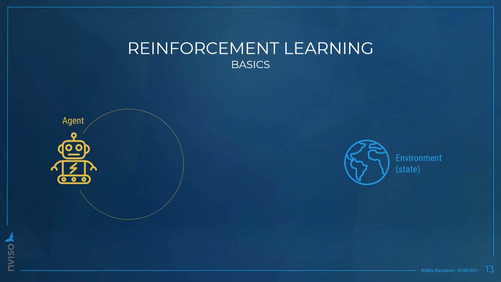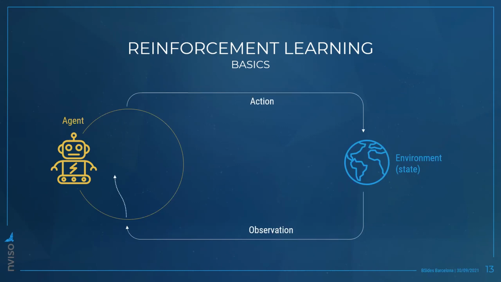That could be translated to, I'm standing in front of a wall, or at least in front of something. Based on the observation, it now tries to choose an action, and it has a certain policy, which is kind of its current knowledge, that helps the agent, or in this case the robot, to select and execute an action.